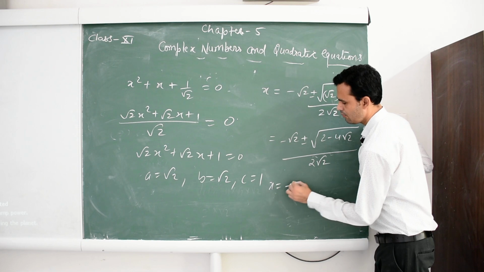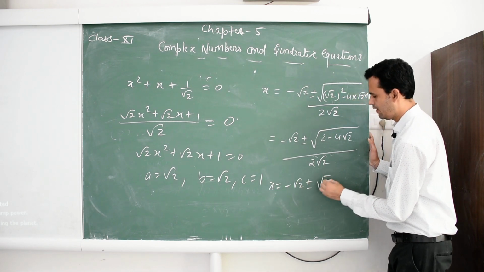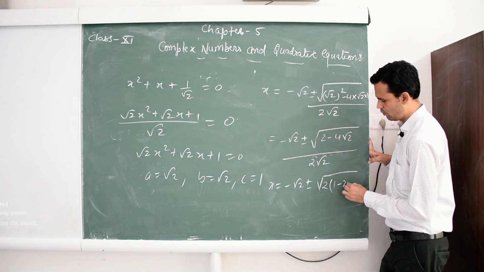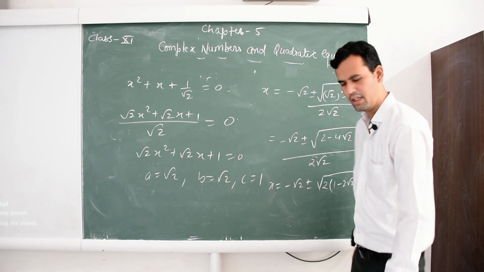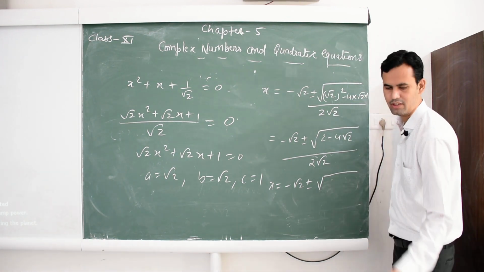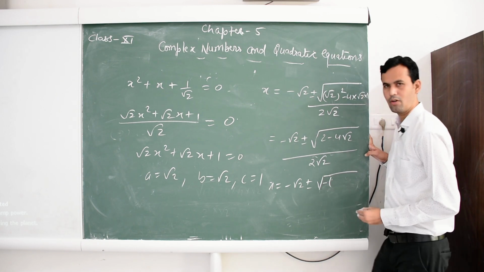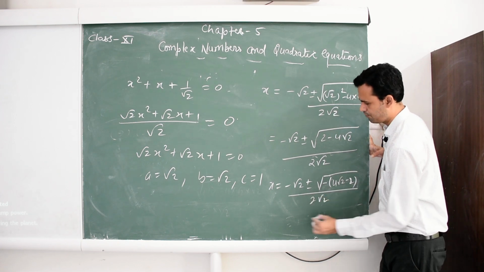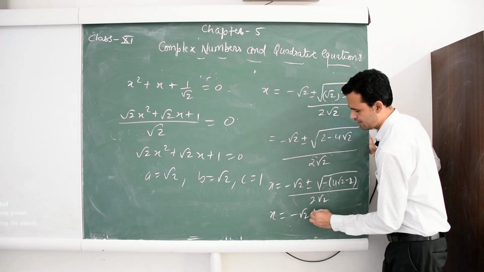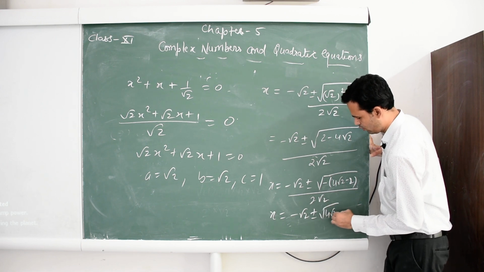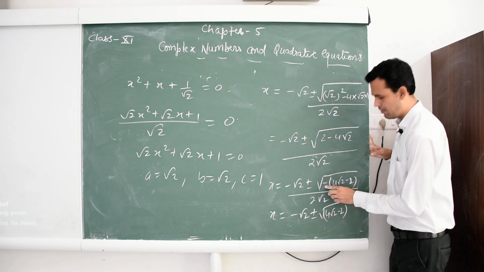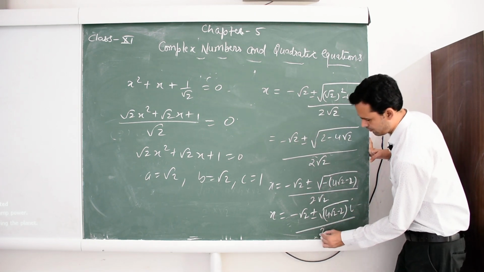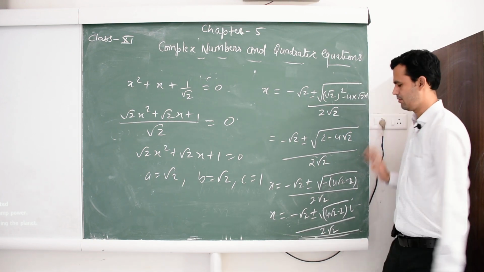We can take minus common from these two terms, so we get root of 4 root 2 minus 2, and minus 1 root is written as i. So this is the answer of question number 9.